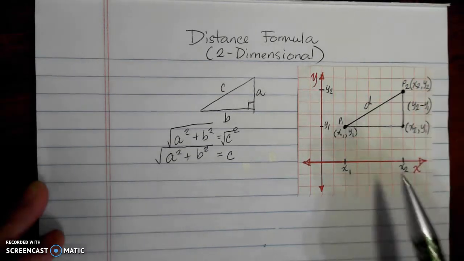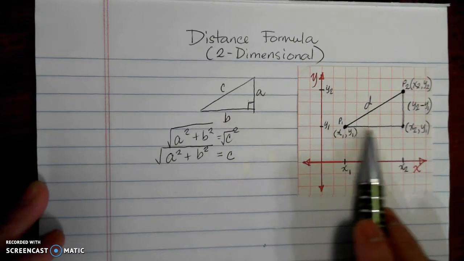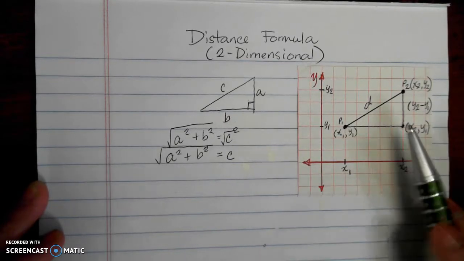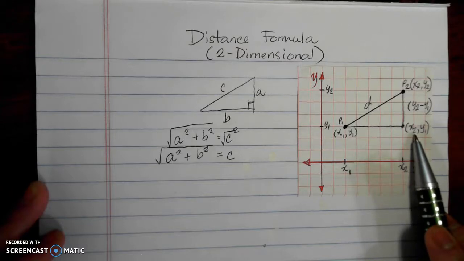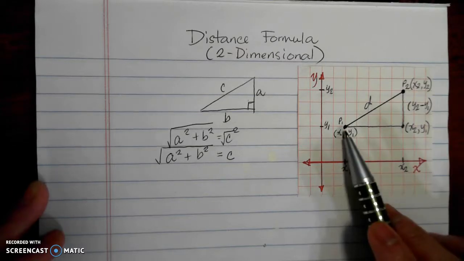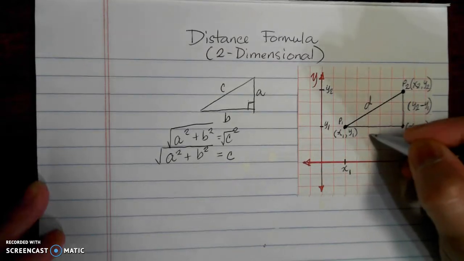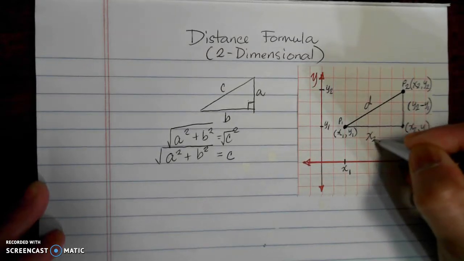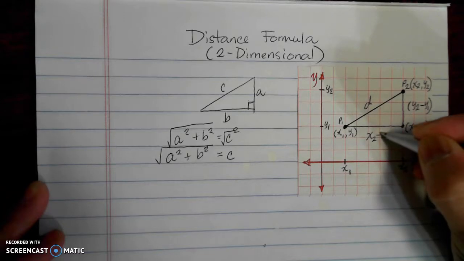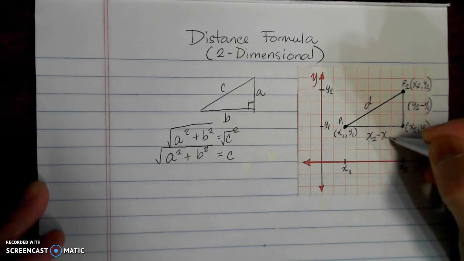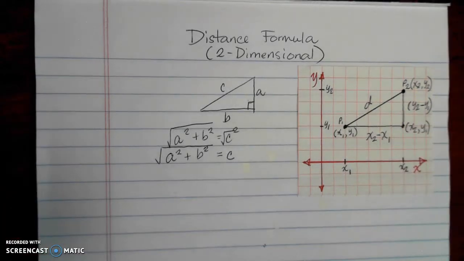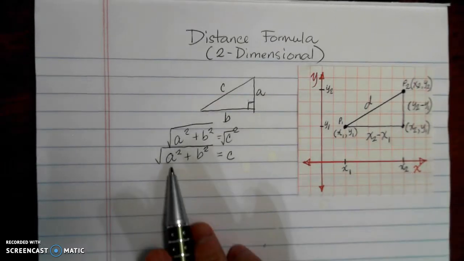So therefore, this piece is going to look at the x-coordinates. And your x-coordinate all the way up to here is x2, and you will subtract x1. So the length of this is x2 minus x1. So let us assemble this now.